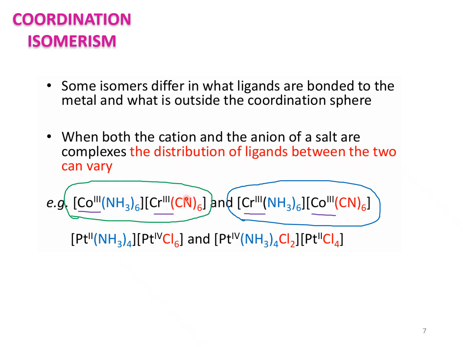So this is hexacyano. Now chromium here, because it belongs to the anion complex, is chromate. Hexacyano chromate 3. So the full name here is hexaamine cobalt 3 hexacyano chromate 3.